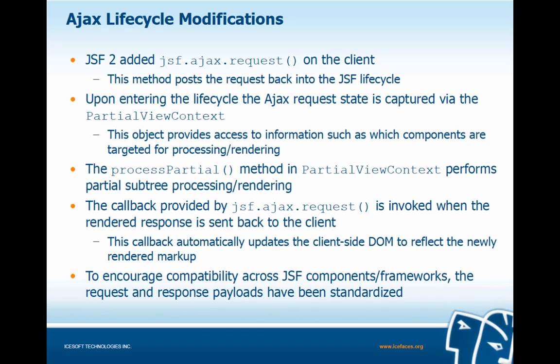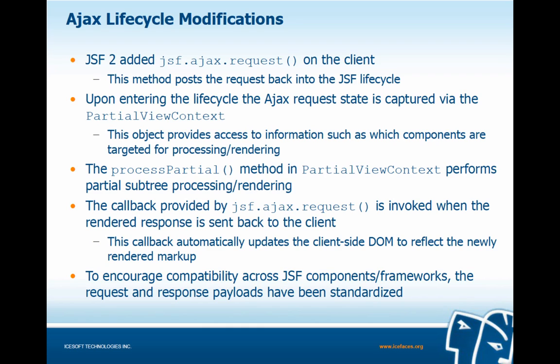Now, JSF 2 has modified the lifecycle. It's added a request method on the client, and this method posts the request back into the JSF lifecycle. So upon entering the lifecycle, the Ajax request state is captured via the partial view context, and this object provides access to information such as which components are targeted for processing and/or rendering.